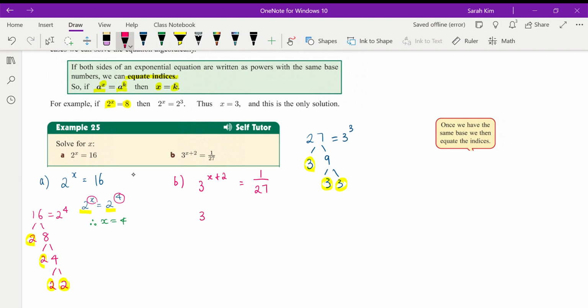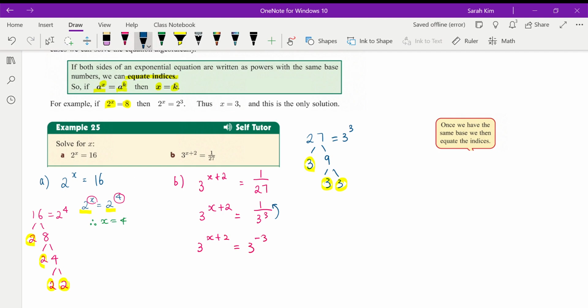Let's take a step forward. It can be written as 1 over 3 to the power of 3. Now, I can only equate them when it's not a fraction. It has to be in the numerator, so I'm going to flip it up, and that means the sign changes. So that's going to be negative 3.